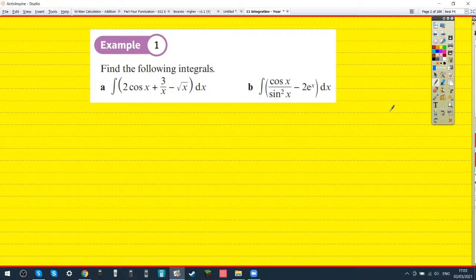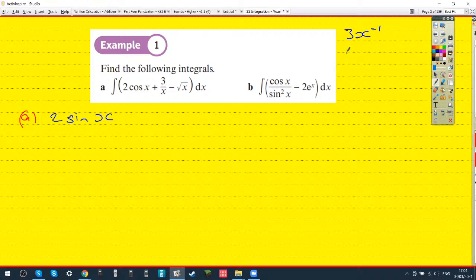If you integrate 2 cos x, does it become 2 sine x? Mm-hmm. And the 3 over x is the same as 3x to the power of -1. So if you integrate that, it becomes just 3x.